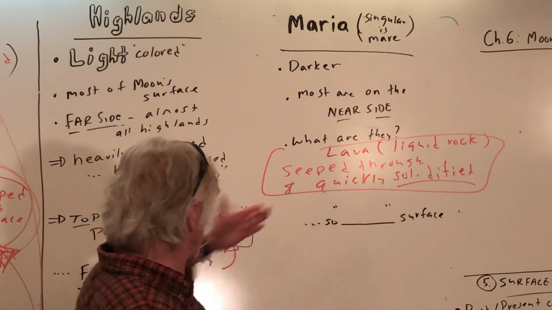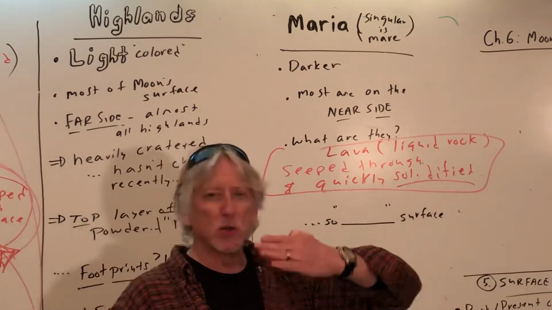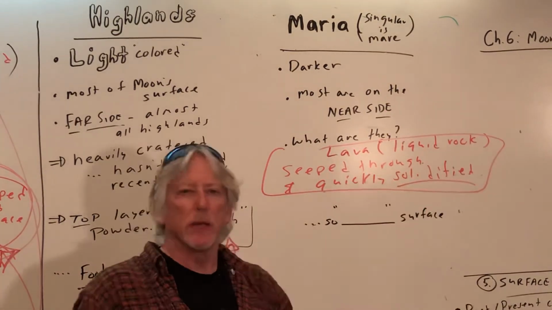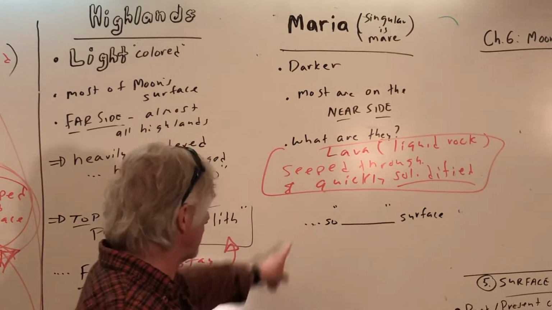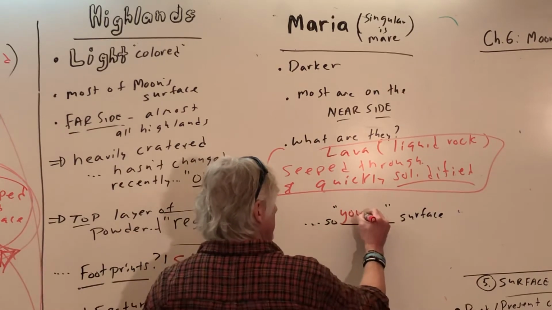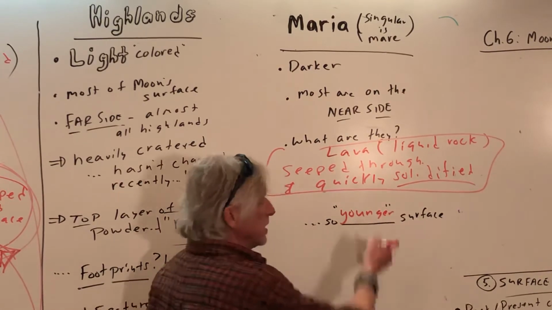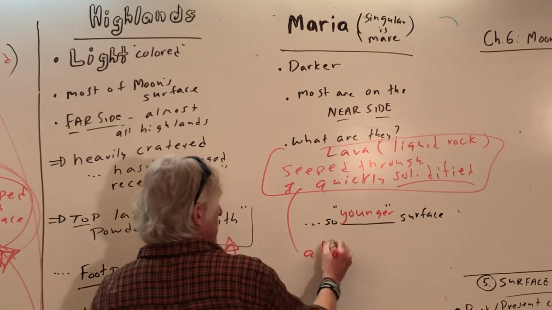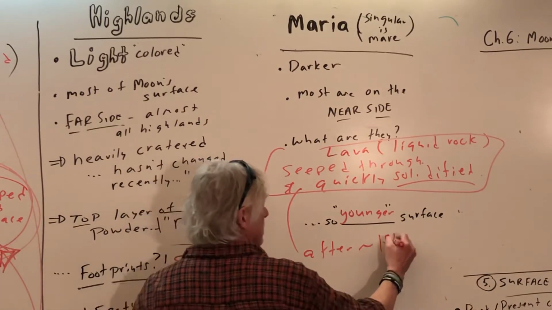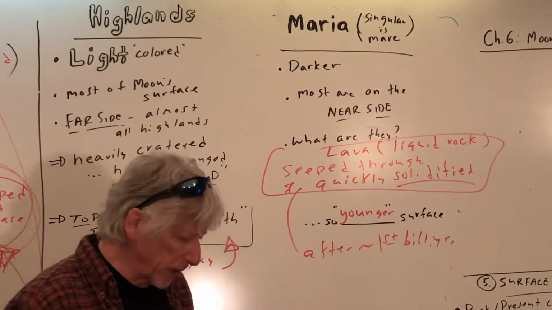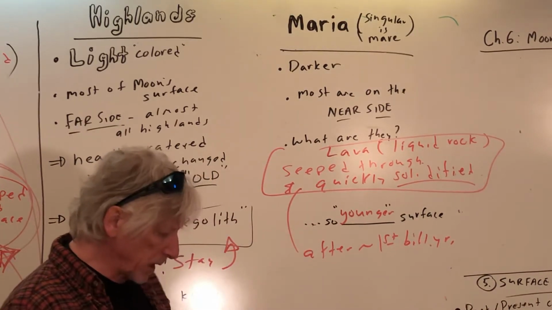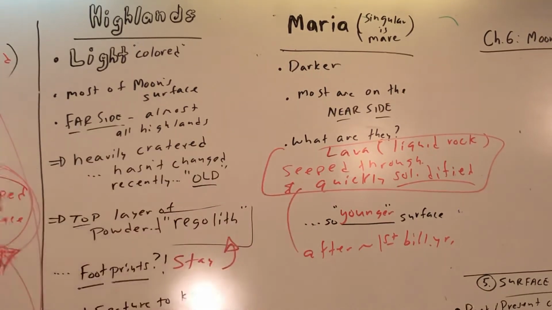And that seeped through after this period of heavy bombardment. Now you do see craters in those areas that came later, but the lava seeped through after that period of heavy bombardment. So we would call this a younger surface because it changed after around the first billion years, and I'll let you look that up and be picky about it if you like. There are names there too, but that could be a little bit much to deal with.